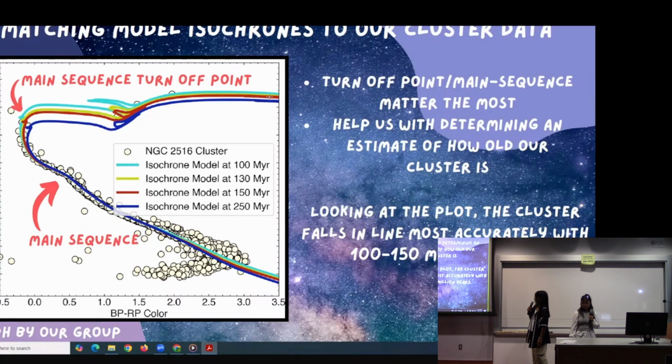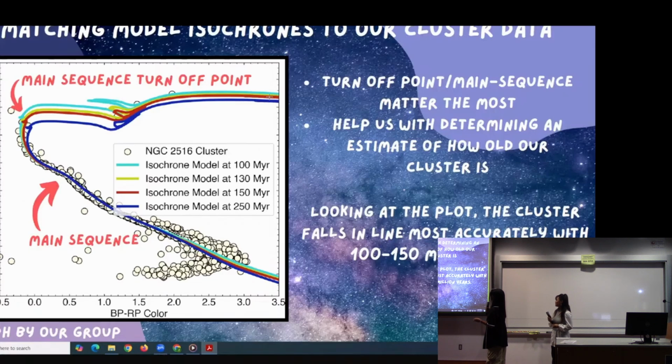With this in mind, if you look closely over here, this is where we're looking. 250 million years isn't really the isochrone for our star cluster, but if you look closer here, the cluster appears to be more in the range of 100 to 150 million years.